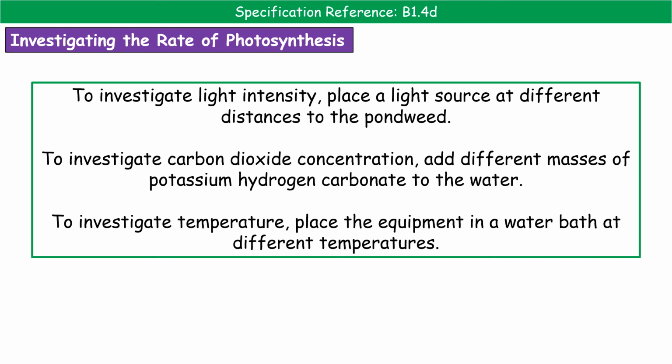And that's purely to absorb any of the heat from the light so that it doesn't also change the temperature. Option 2, to change the carbon dioxide concentration, we add different masses of potassium hydrogen carbonate to the water. Or option 3, to investigate temperature, we just carry out the experiment in a water bath, which we could then set to different temperatures each time.